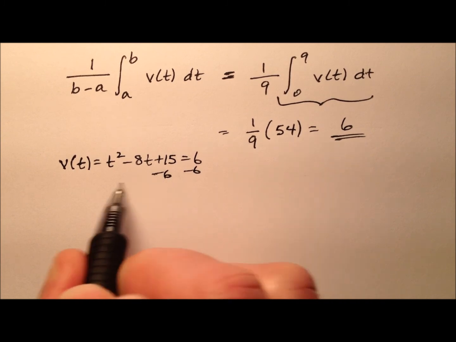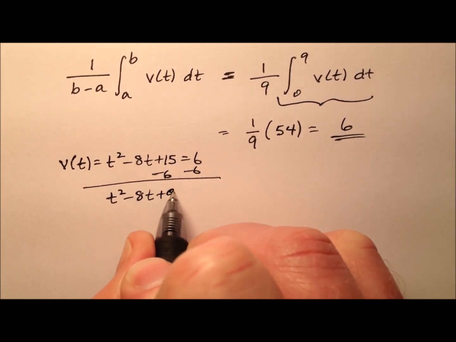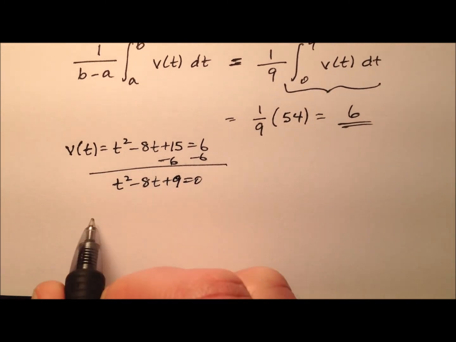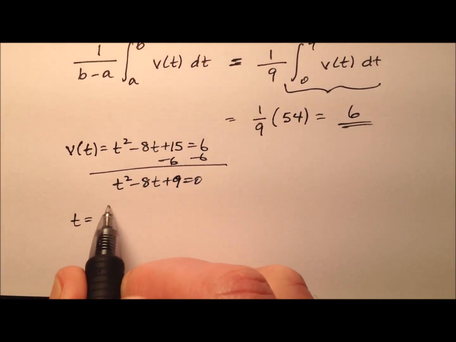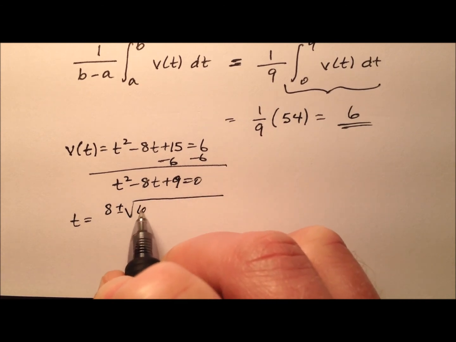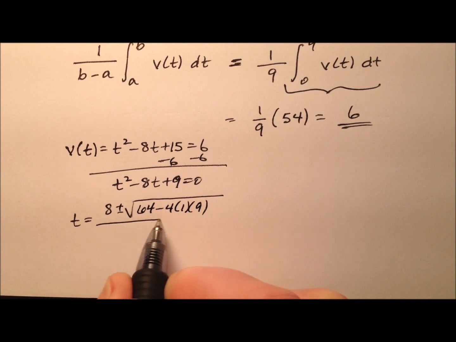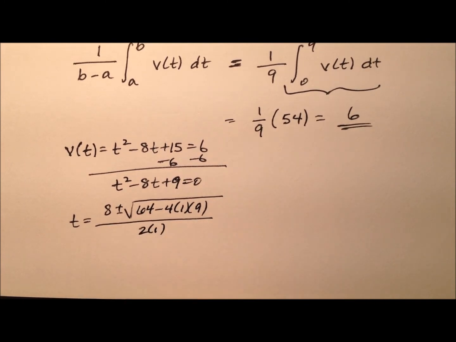If I subtract 6 from both sides, t squared minus 8t plus 9 equals 0. Let's use the quadratic formula on that. So 8 plus or minus the square root of b squared minus 4ac all over 2a.